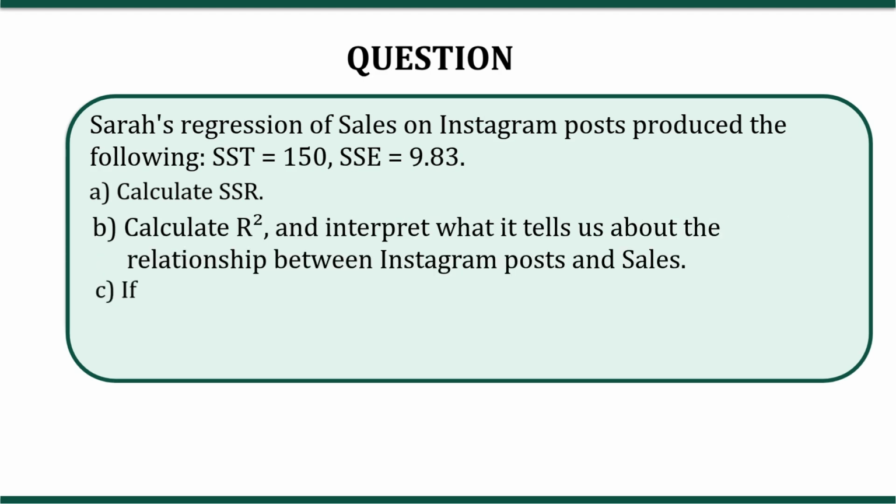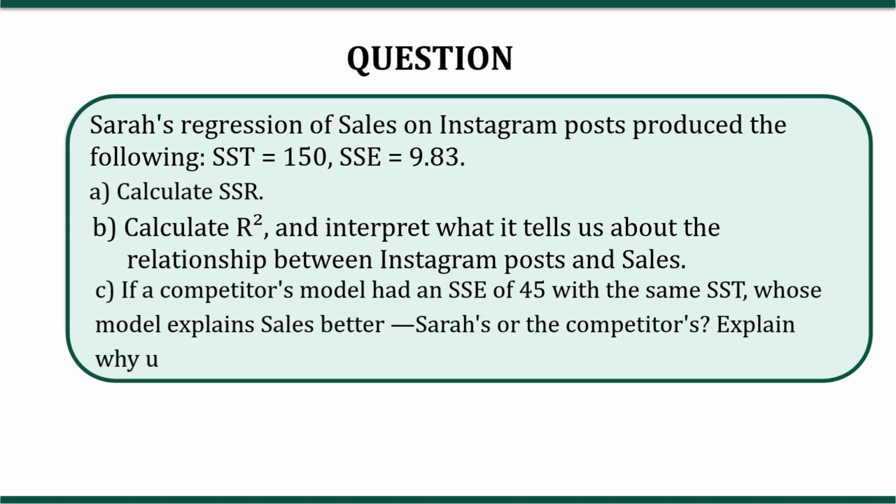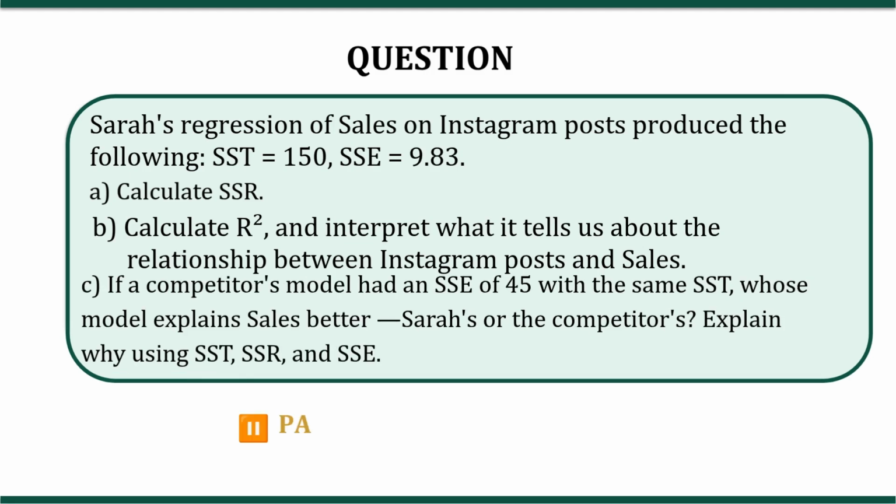Part C, if a competitor's model had an SSE of 45 with the same SST, whose model explains sales better, Sarah's or the competitor's? Explain why using SST, SSR, and SSE. Take a moment and work through it.